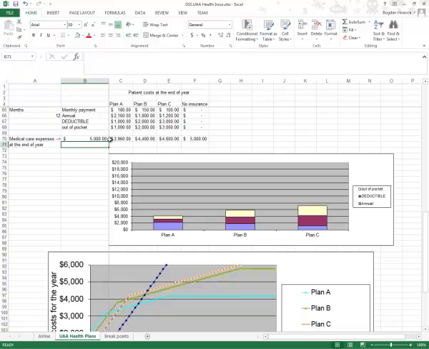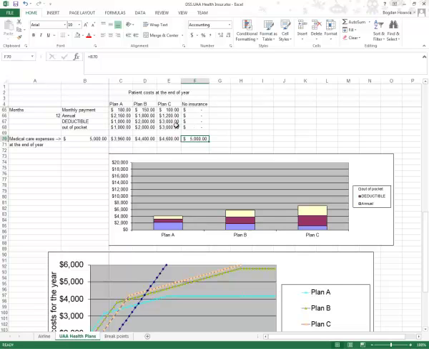You can see that for medical care expenses of $5,000, the patient is better off under any of the insurance plans here as compared to the case of no insurance. Again, under no insurance, the patient pays no monthly charges, no deductible, no out-of-pocket.